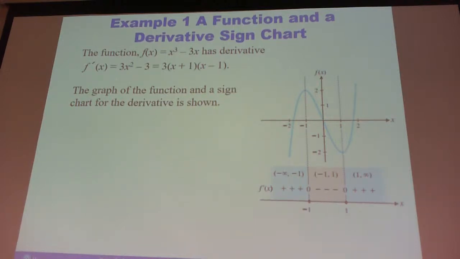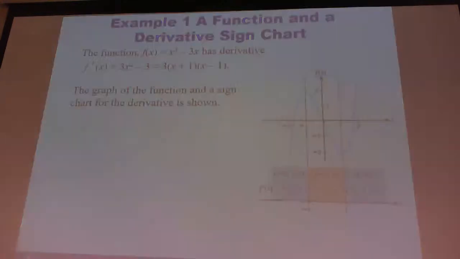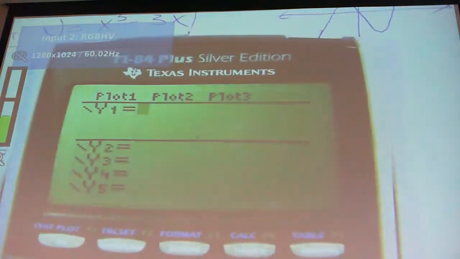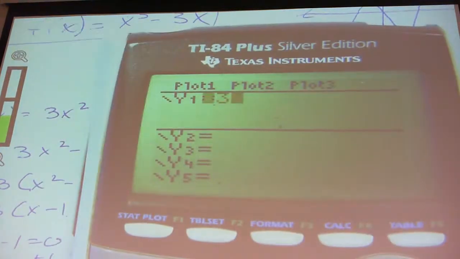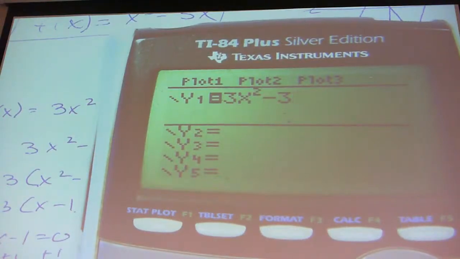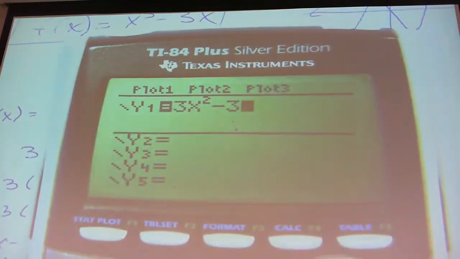If I go to my calculator, let's change y1 to the derivative. The derivative is 3x squared minus 3. So in y1, we put the derivative 3x squared minus 3. And remember my 2 points were -1 and 1.